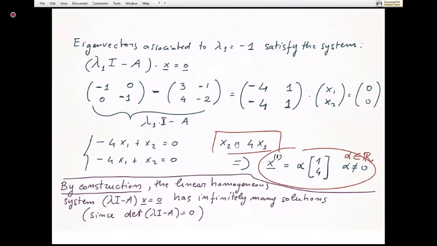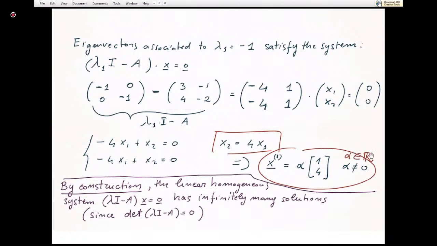So any vector in which the second component is 4 times the first component works. We can write the family of these vectors in this way: 1, 4 multiplied by an arbitrary real number alpha, okay?